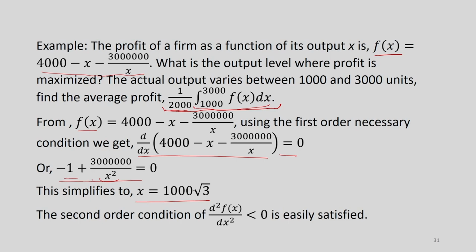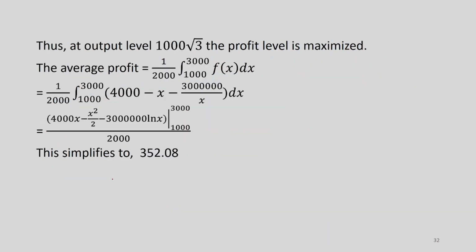For that I take the second derivative of the profit function, and this comes out to be clearly negative because here the power of x is minus 2. So minus 2 will come first, and the second order condition is satisfied because the second derivative is negative. So this indeed is the profit maximizing output level.